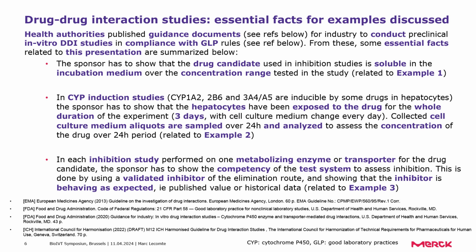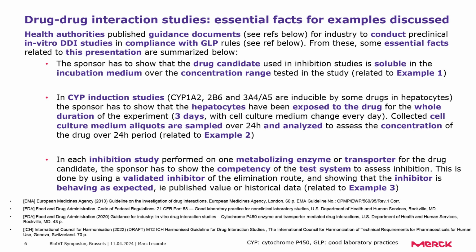To do this, the sponsor has to collect culture medium aliquots, which are sampled over the 24-hour period and analyzed to assess the concentration of the drug over the 24-hour period.